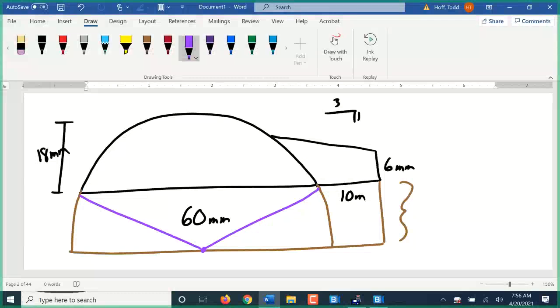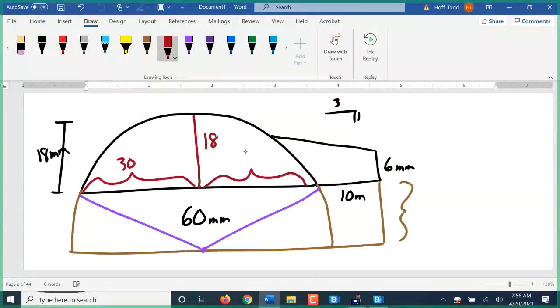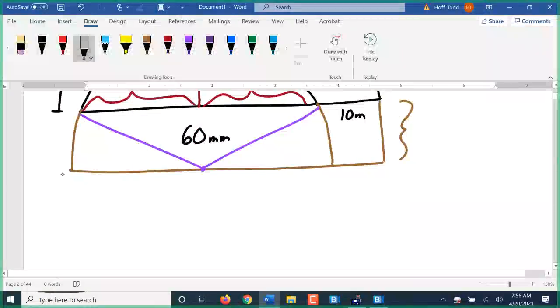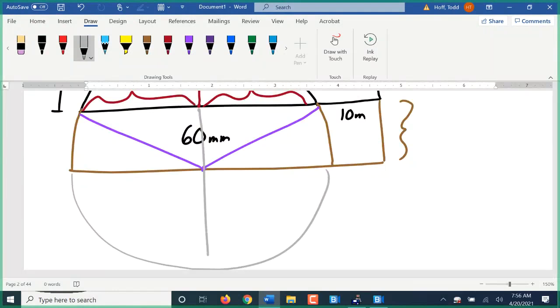In fact, we're actually going to do this from the center up. That's 18. That cuts the 60 in half to be 30 and 30. What we're actually going to be finding at first here is the full circle, this distance all the way to the other side of the full circle.